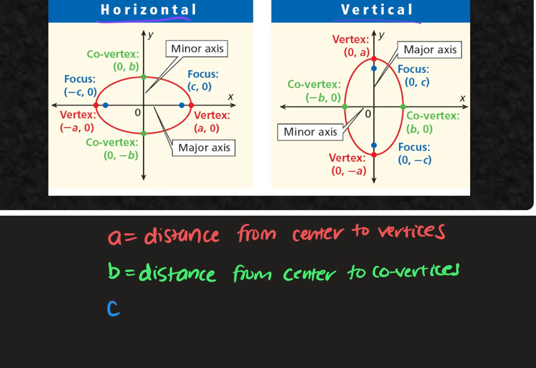And C is the distance from the center to the foci. Doesn't matter if it's vertical or horizontal, all three letters represent the same thing.